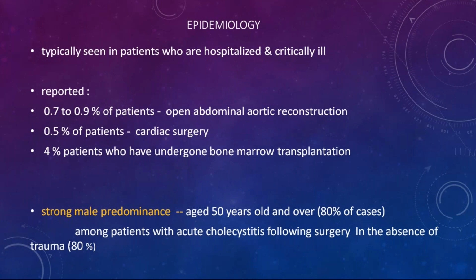Thyroid. Thyroid is one of the organs which has a strong female preponderance. Any gland or any disease related to hormonal imbalances, those are more common in females. So just remember it like that.